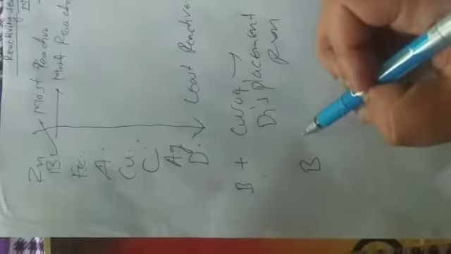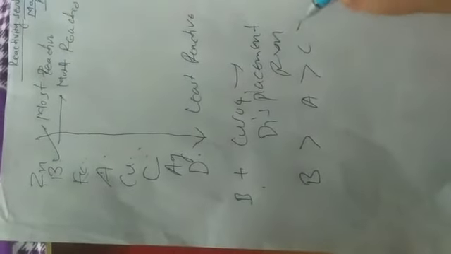B is more reactive than A, then C, then D. This is the decreasing order of reactivity of metals A, B, C, D. So note this answer in your copy.